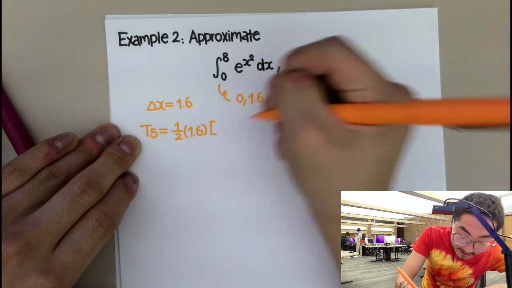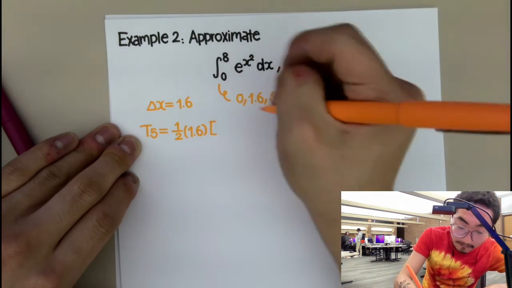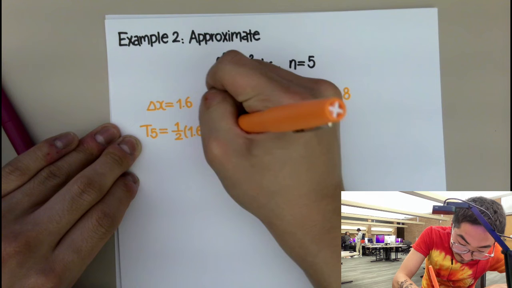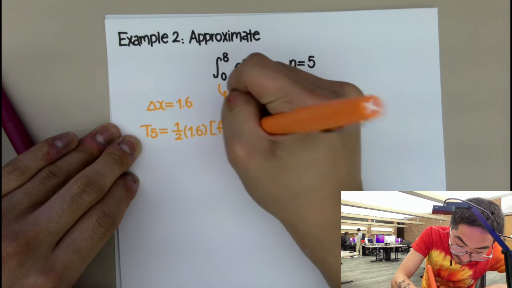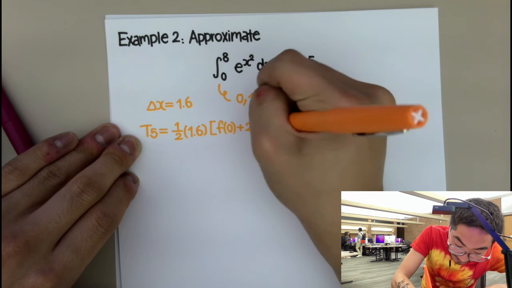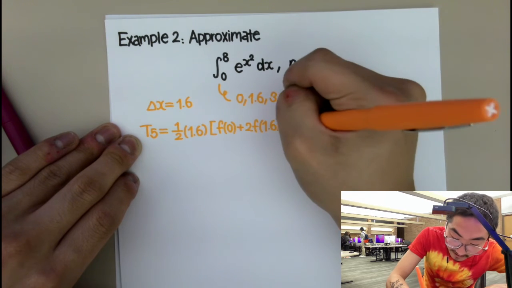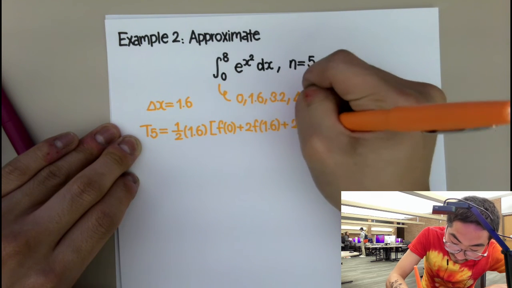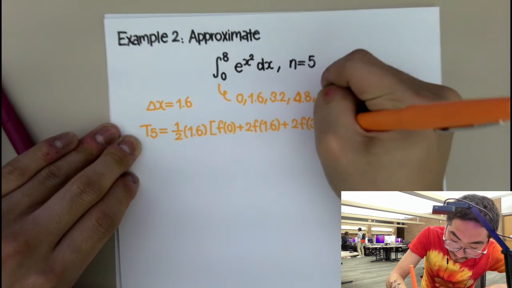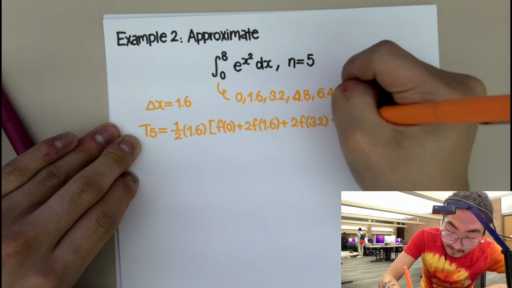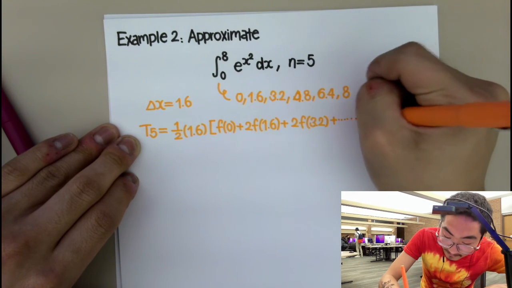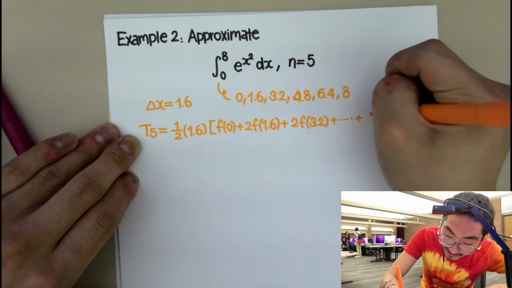So it's f(0) plus 2f(1.6) plus 2f(3.2), and so on, then plus f(8).